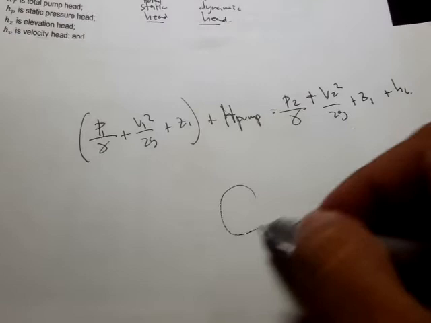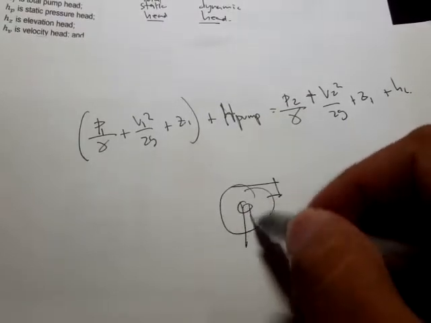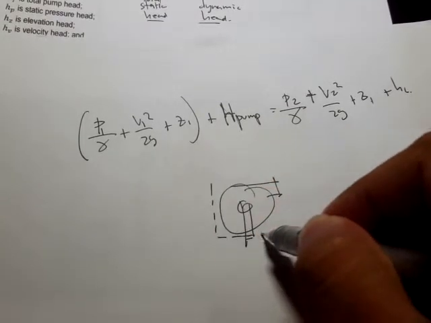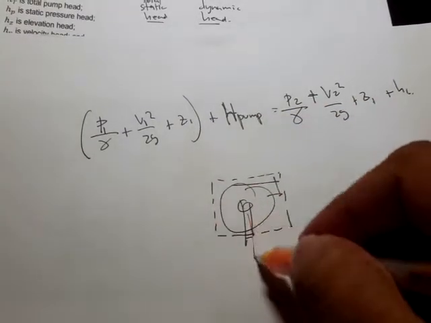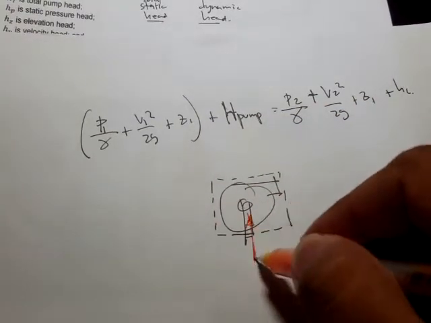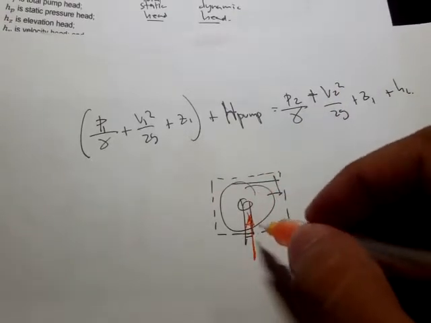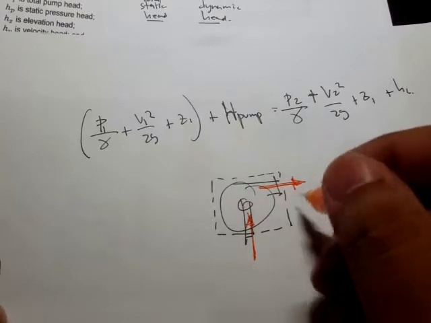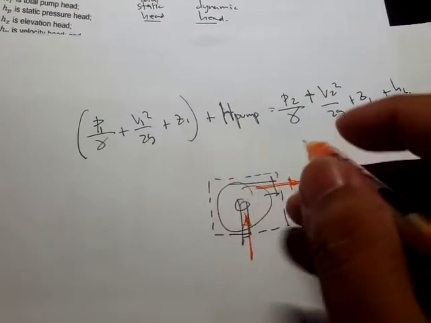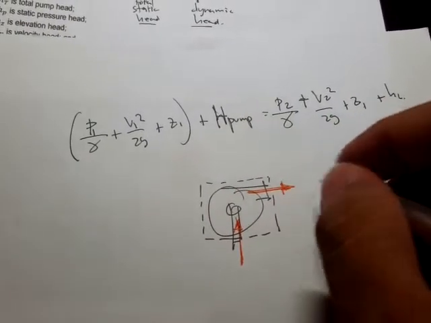Recall that if here's our pump, and here's our system, then there's energy of the flowing water entering the system, and energy exiting the system, which is also for the flowing water.